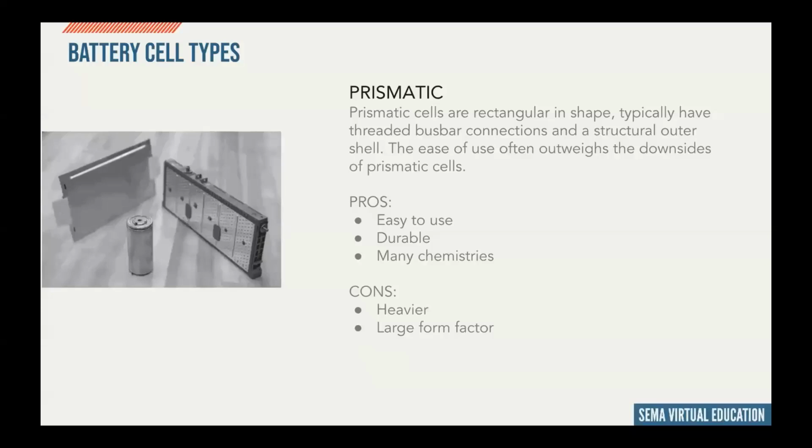They are very durable, like cylindrical cells, because they have some type of protection to them, and they come in many different chemistry types. The cons are that they are heavier because they have a structural outer shell, and they have a large form factor with typically large amp hour capacities. So developing smaller packs at high voltage can be a challenge. They typically end up being much larger battery pack capacities, at least 40 kilowatt hours, depending on voltage, or higher.